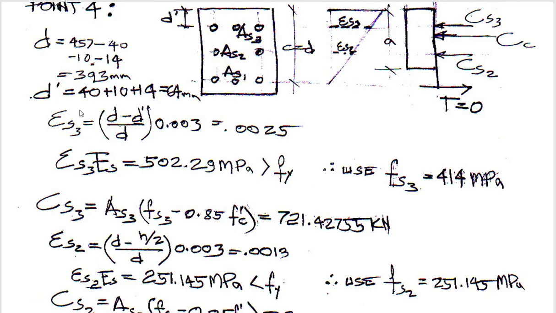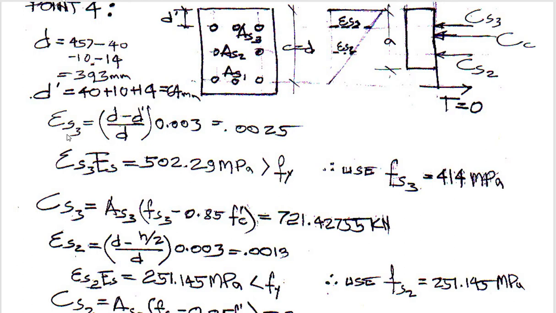Next, your d prime naman, ito yung centroid nung bar number 3. This is also equal to your x3. So, centroid, this is equal to clear cover plus stirrups or ties plus diameter of bar all over 2, that is 64. Okay, now, same procedure as in point 3.